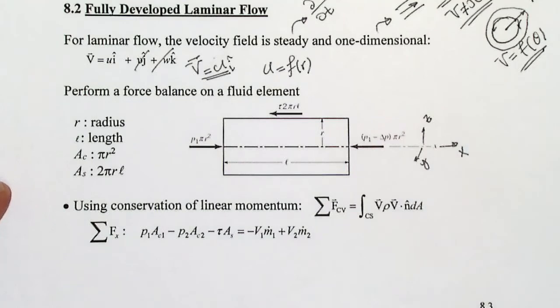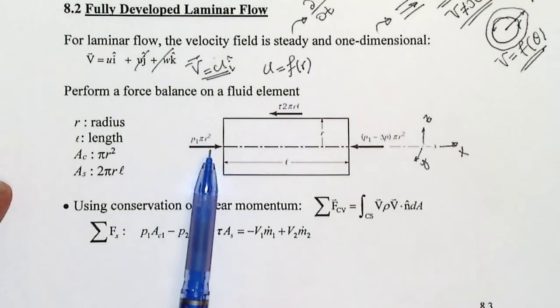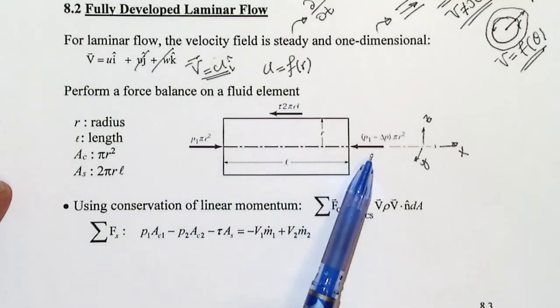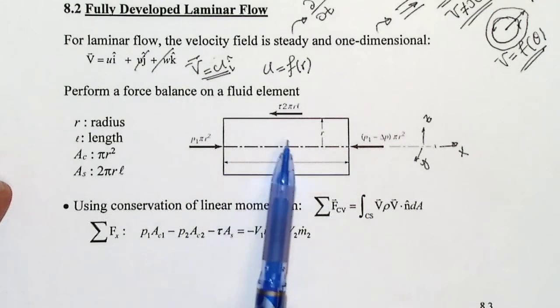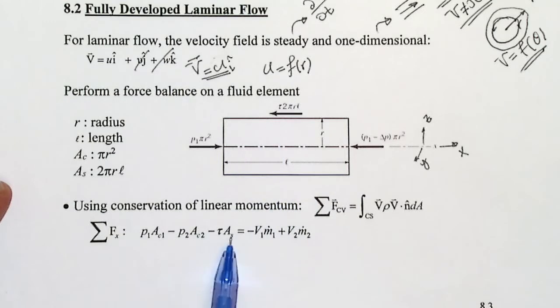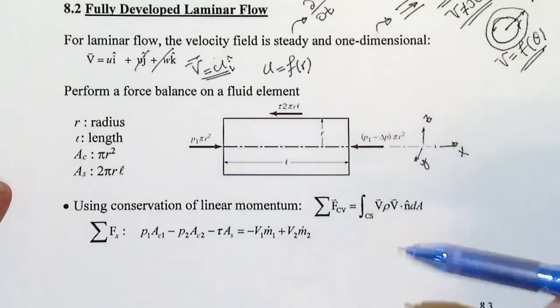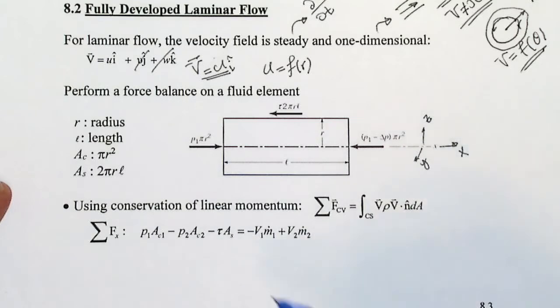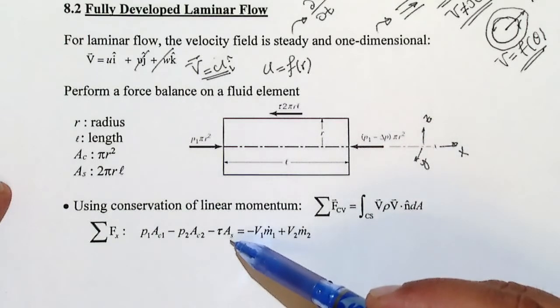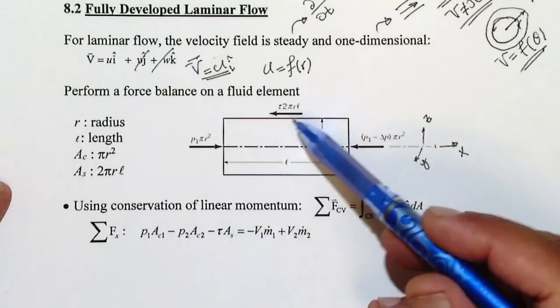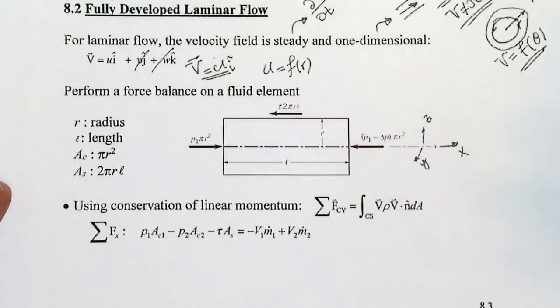What are these? The sigma of Fx, okay? So sigma of Fx is one force in this way, one force in the negative direction, and also tau AS, where AS is the surrounding area of the cylinder, times tau, which is the shear stress.